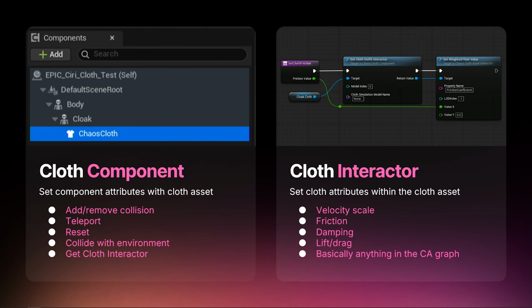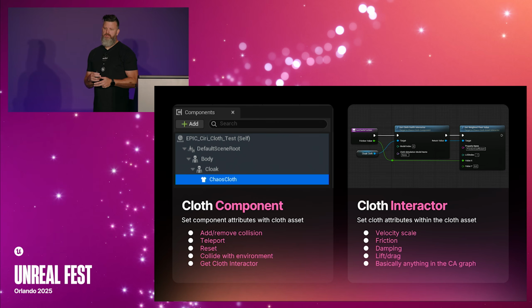Before we get too much further, though, I did want to talk about how it's important to understand the difference between the cloth component and the cloth interactor. The cloth component is the component itself, and it sets component level attributes that affect the whole cloth, like adding and removing collisions, teleports, resets.